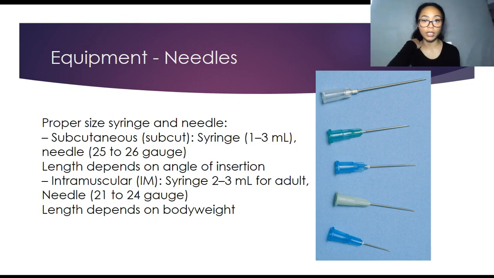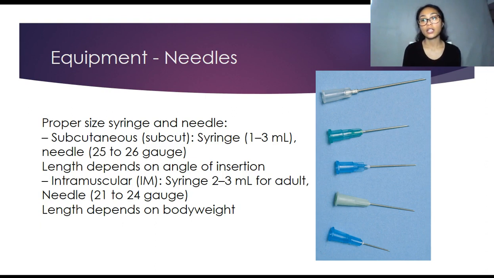So from top to bottom here we have a 19 gauge, which is quite wide in diameter. So we usually use an 18 or a 19 gauge needle to draw up medications into a syringe, but we don't like to use them in order to inject into tissues because it's too big and it would be painful for patients.